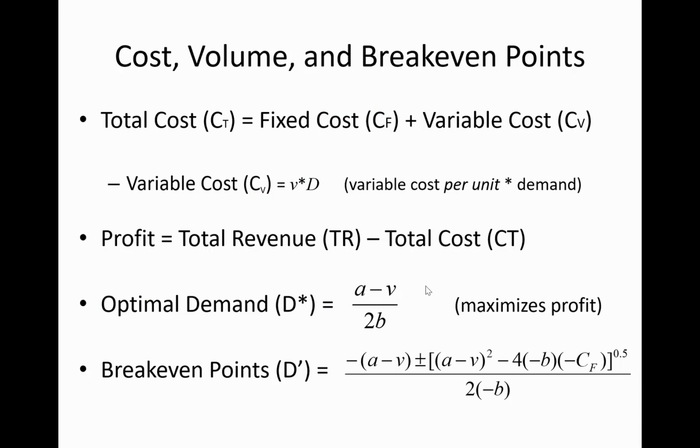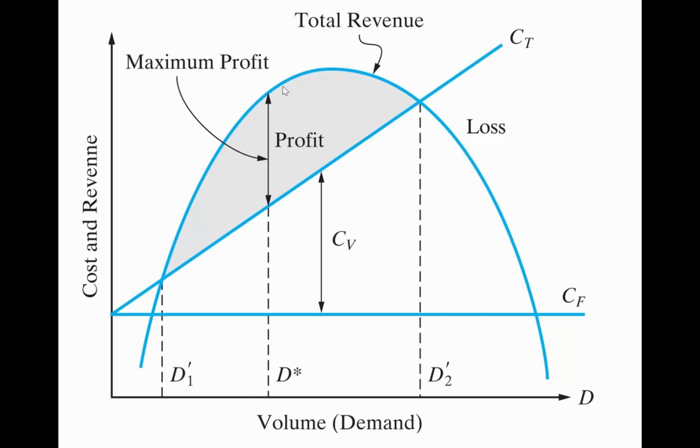So this formula for optimal demand is just looking for making those 2 slopes parallel. We want lots of profit, so big revenue, small cost. If we just go to the maximum total revenue, that's not as much profit as this D star, which is the optimal demand.